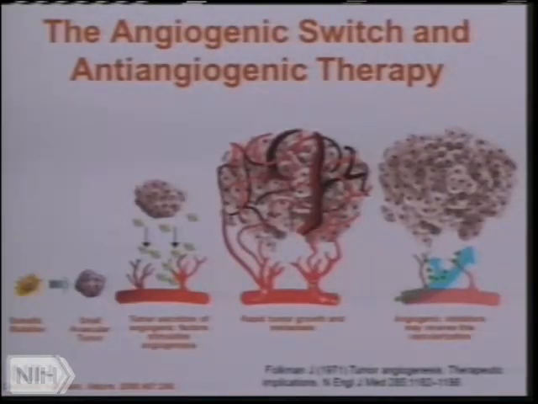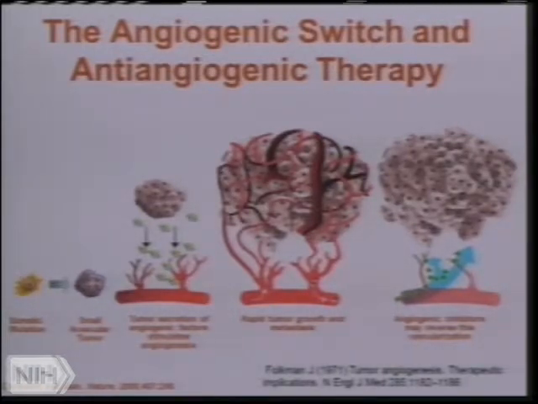So based on this, as I mentioned before, Judah Folkman in 1971, in this paper in the New England Journal of Medicine, proposed two things. One, that tumor growth is dependent on angiogenesis, and two, that if we can therapeutically target this vasculature, we'll be able to delay tumor growth.